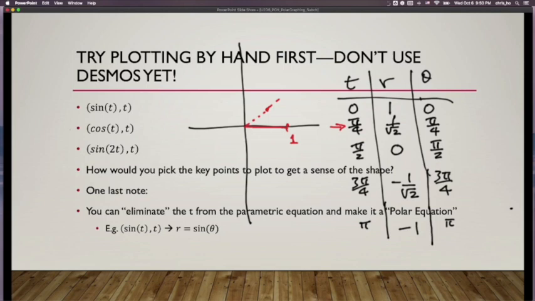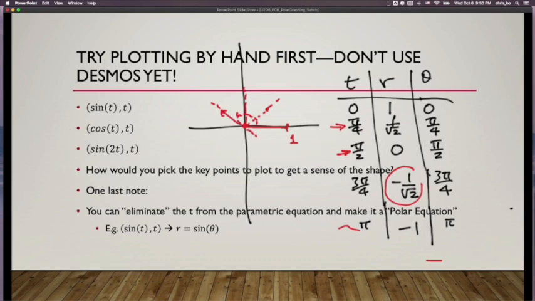And then at t equal to pi over 2, the length of my beam is now 0 at the angle of pi over 2. So at the angle of pi over 2, I'm back to 0. And then as the angle increases to 3 pi over 4, I'm going to have a length of the vector being a negative number, which means I'm going to go back in the opposite direction of the angle.